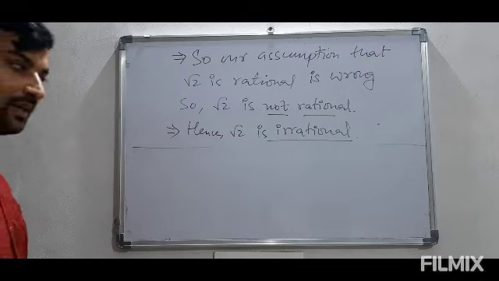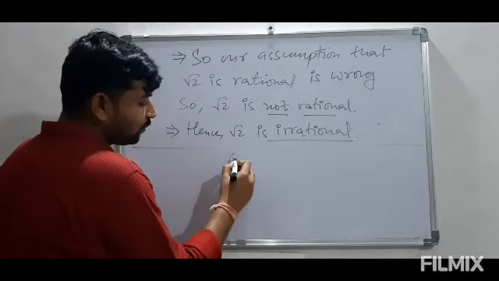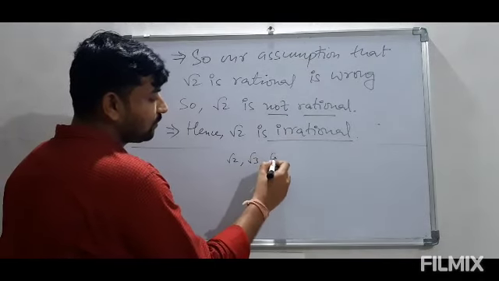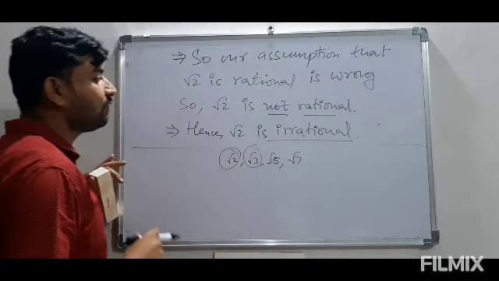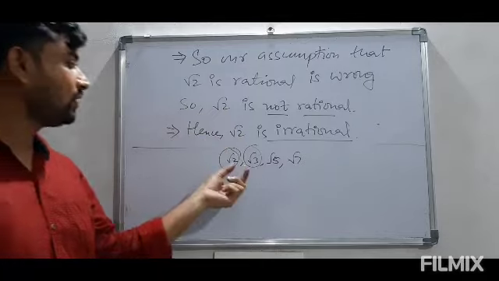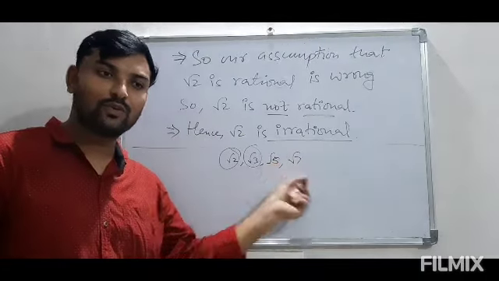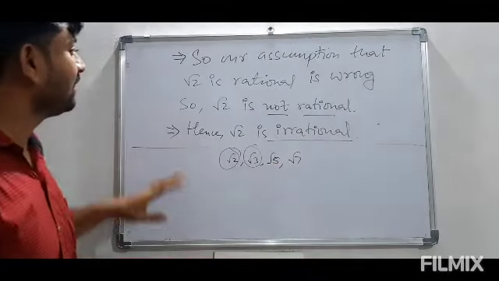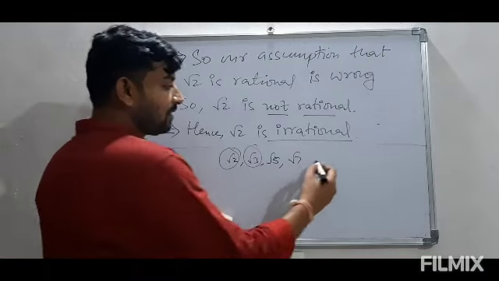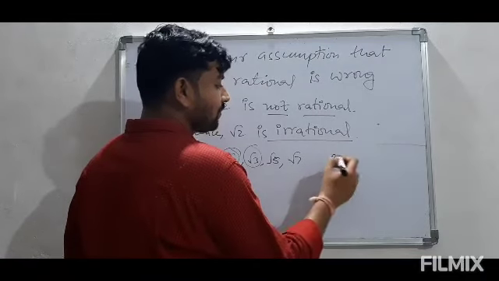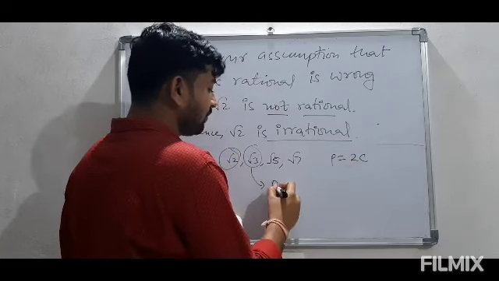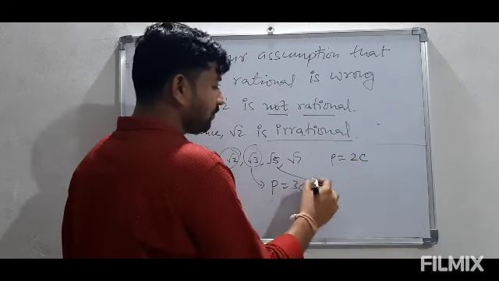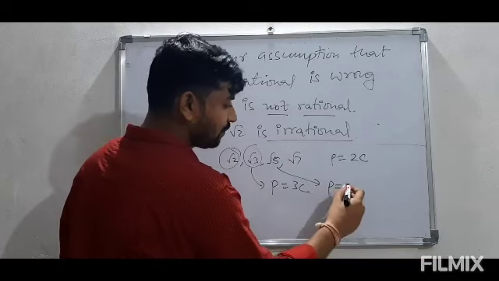Now, as I told you, if we are proving for root 2, root 3, root 5, root 7, this is the same thing. Wherever we are writing root 2, we can replace it with root 3, root 5, root 7. And in that substitution part, when we have written P is equal to 2c, in case of root 3, we will write P is equal to 3c. For root 5, we will write P is equal to 5c.